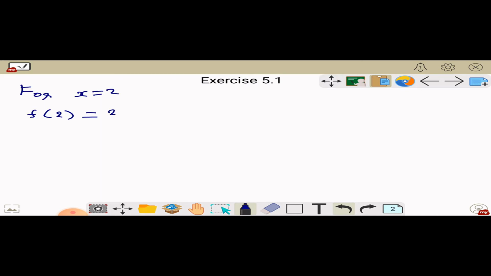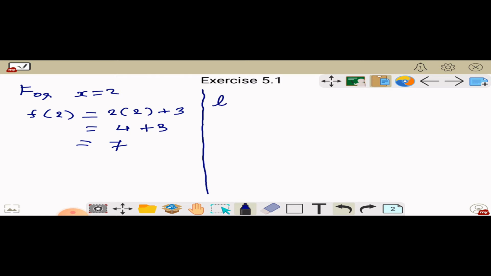So 2 in the bracket 2 plus 3 is equal to 4 plus 3 is equal to 7. Now let us find the left limit and right limit.